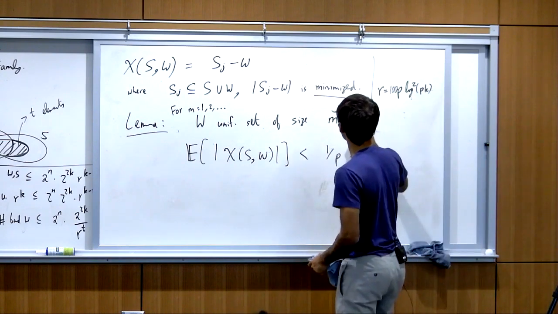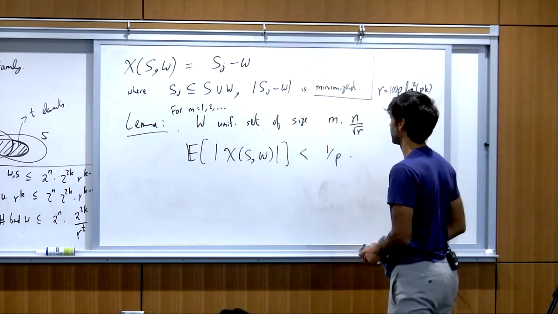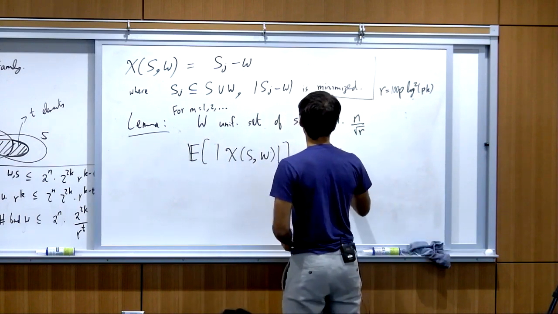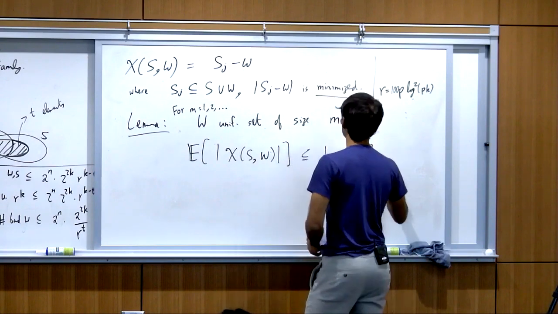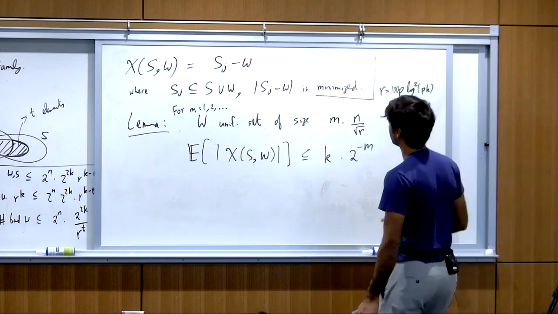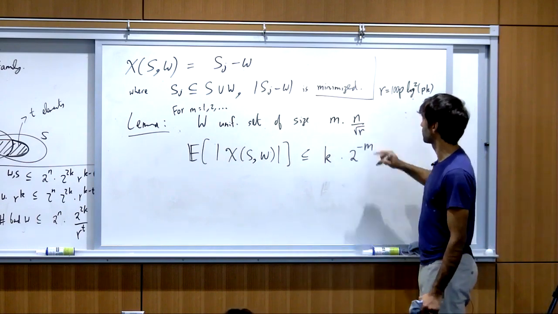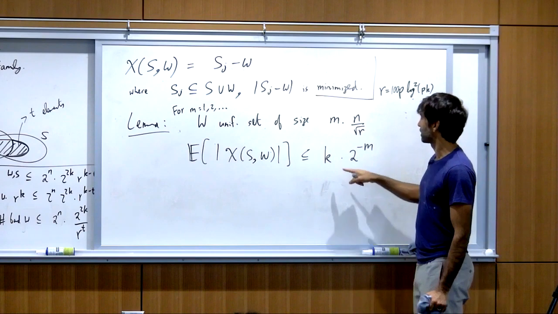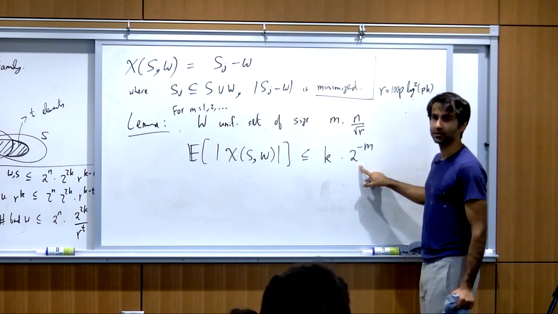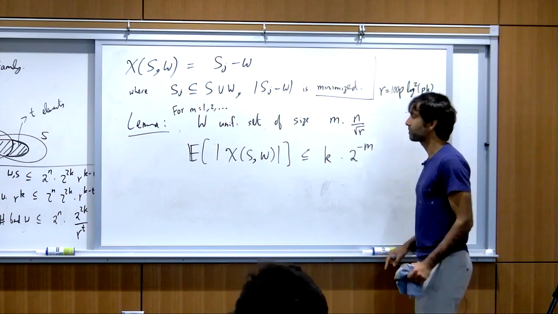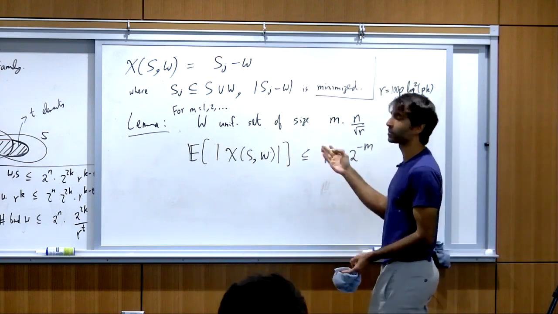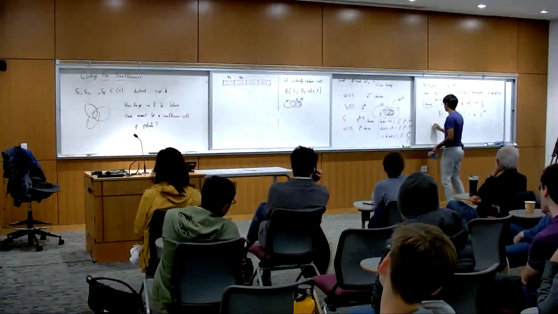And then here's the statement that I'll actually prove. If you pick a uniformly random set of size m times n over squared r, then I'll show that the expected size of this quantity is bounded by k times 2 to the minus m.